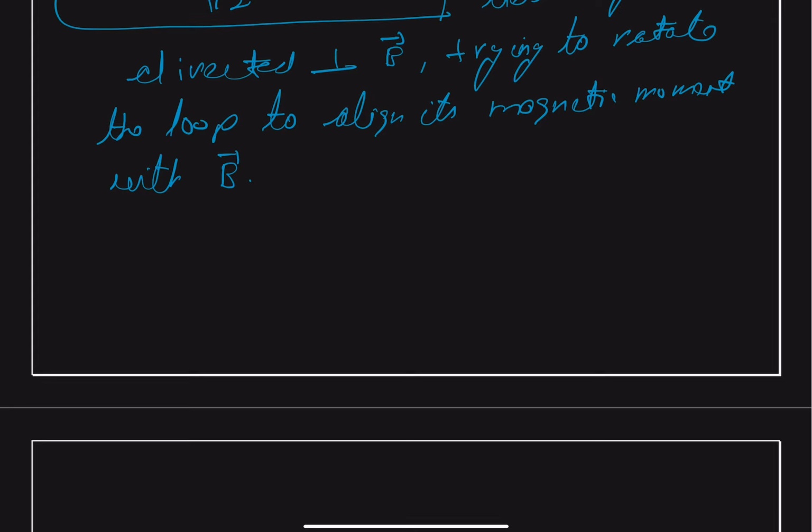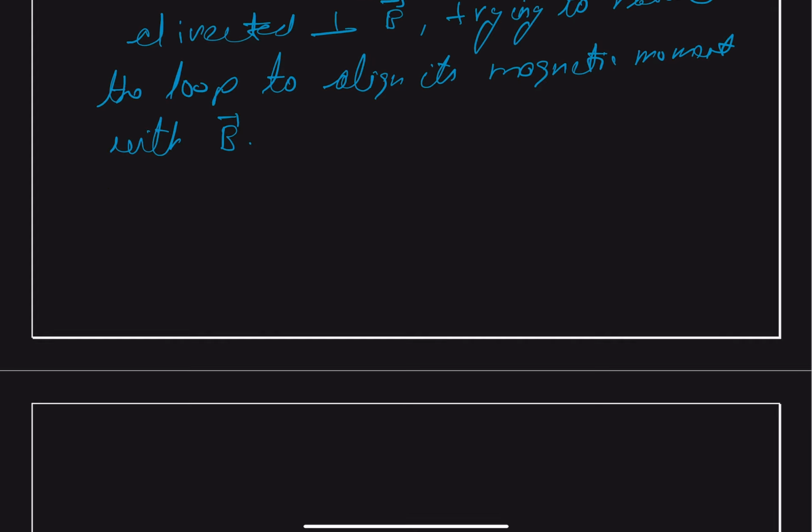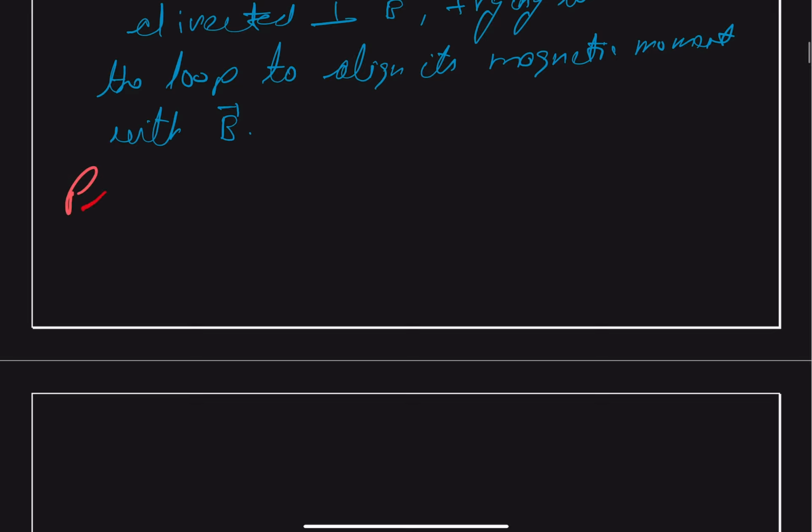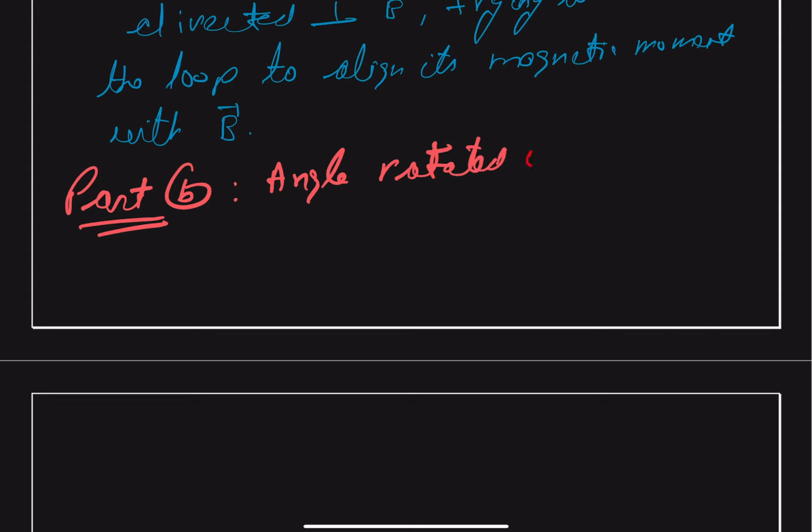Now we come to the second part, in which we are supposed to find out the angle rotated for a small time delta t. Part B, we have angle rotated in delta t.